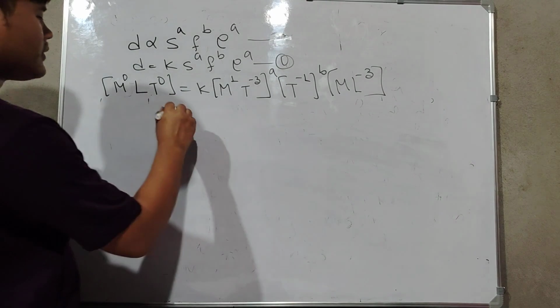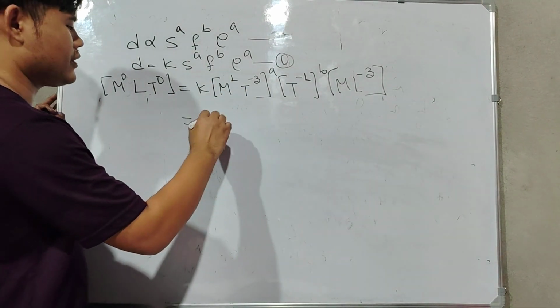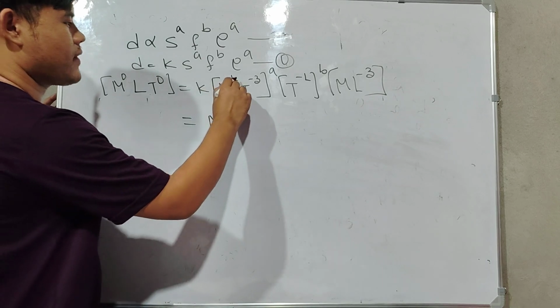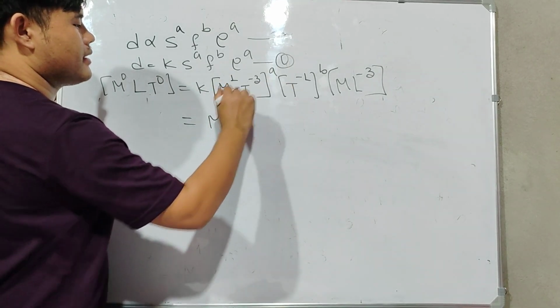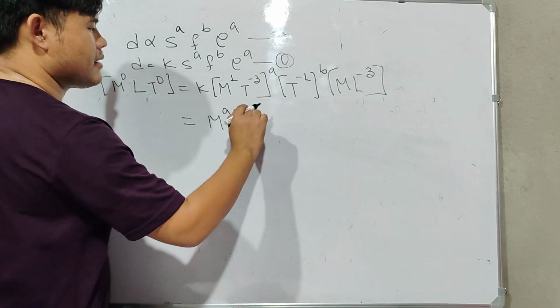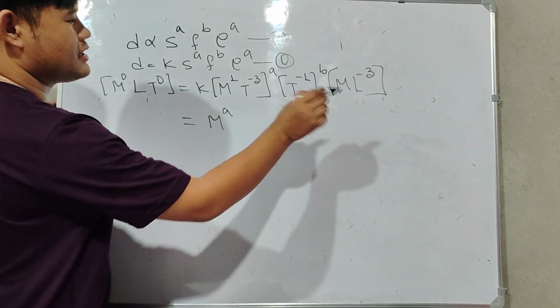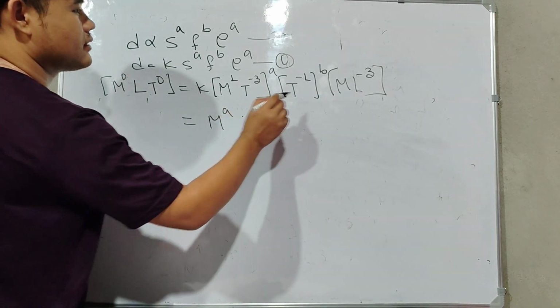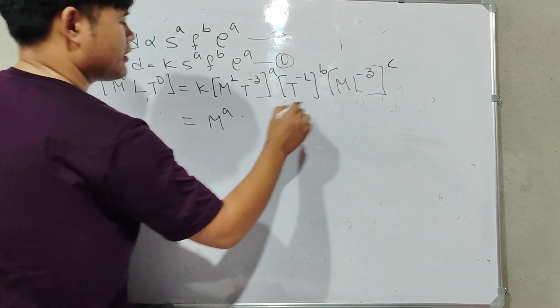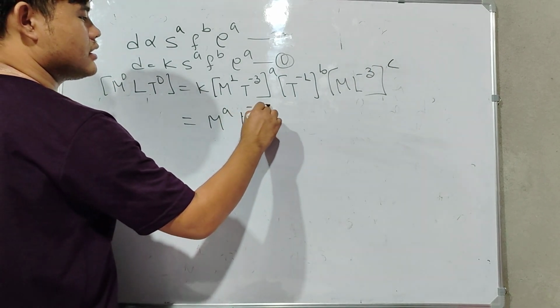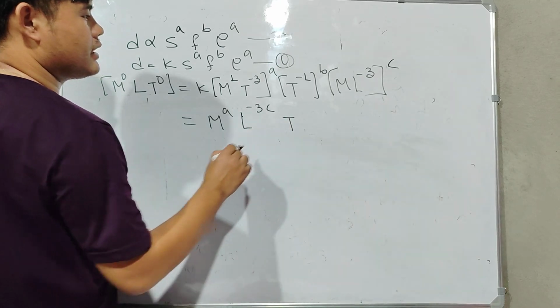So K, no need, you leave it. Now M, it will be A. After that, L is this one, C, right? L is equal to minus 3C. And then T, what will you get?